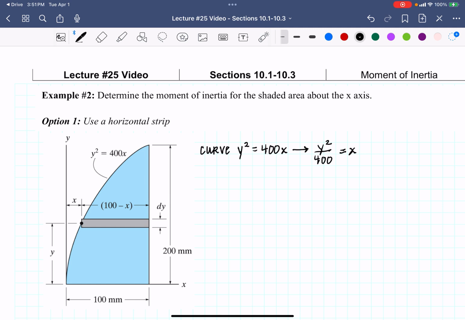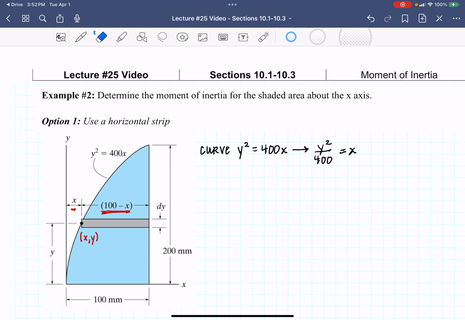So notice this is the length of the rectangle I'm talking about, because we have it's 100 millimeters. We defined x as the distance from the axis to this point. So 100 minus x is the length of my rectangle.